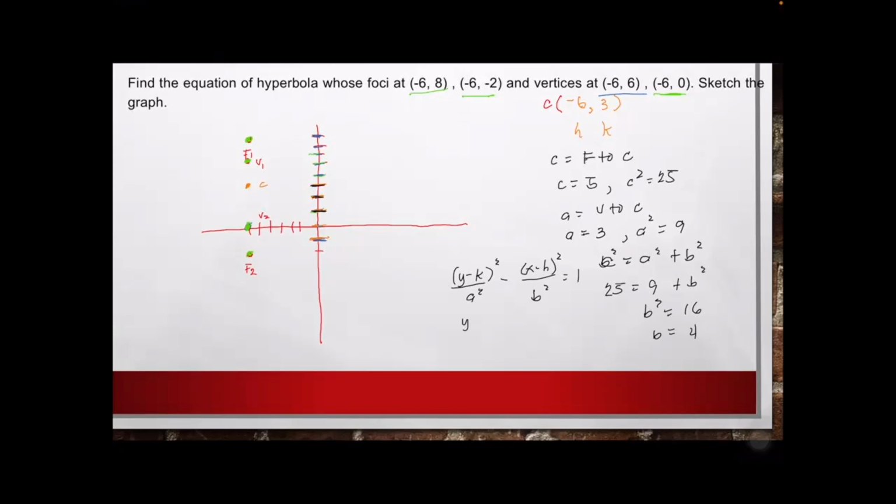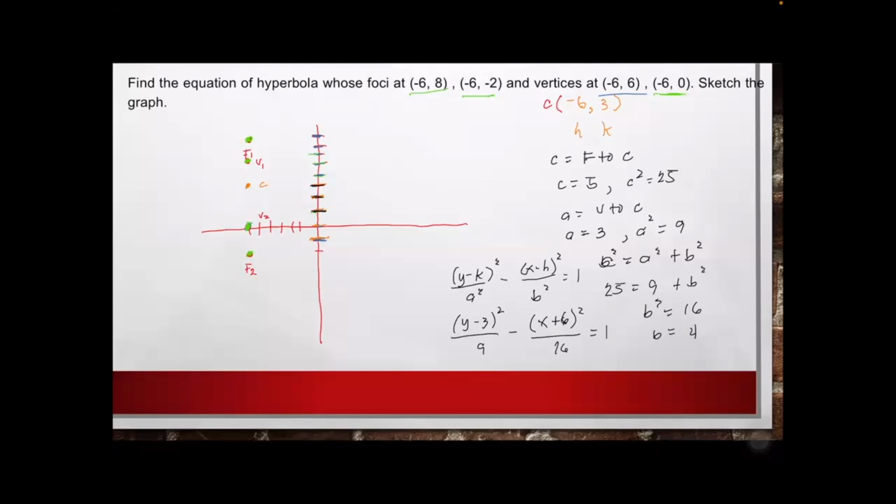Meron na tayong value ng k, which is positive 3. So, magkakaroon tayong y minus 3, then squared over yung a squared natin is 9, minus x plus 6. Bakit plus 6? Kasi negative times negative is positive. And our b squared is 16 equals 1. Okay pa. So, that's our equation.